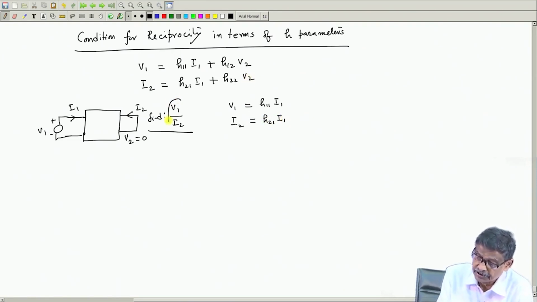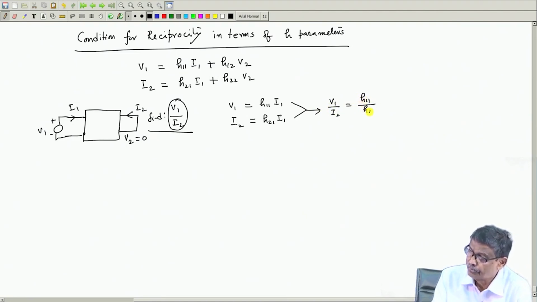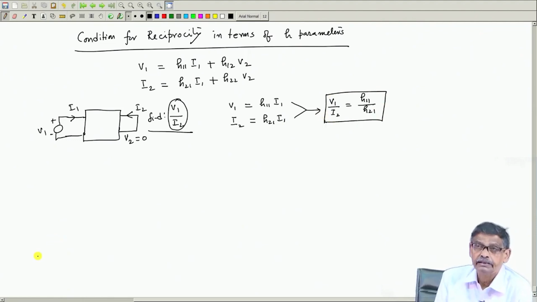But my goal is to find out V 1 by I 2. So, just divide these two equations and you will get that V 1 by I 2 is equal to H 1 1 by H 2 1. So, we keep this result. This should be equated with the reverse process.